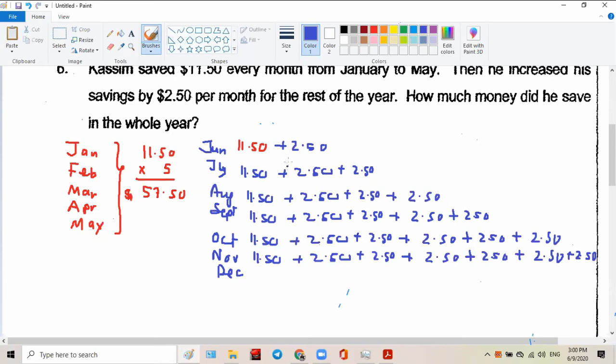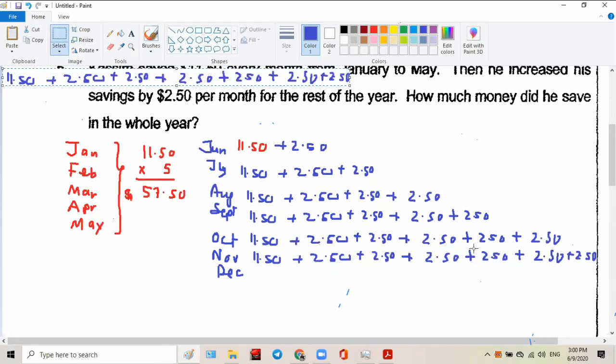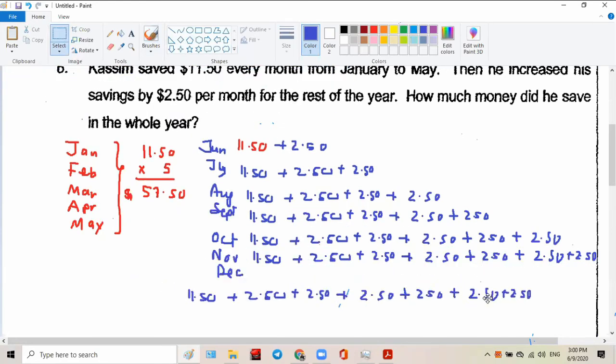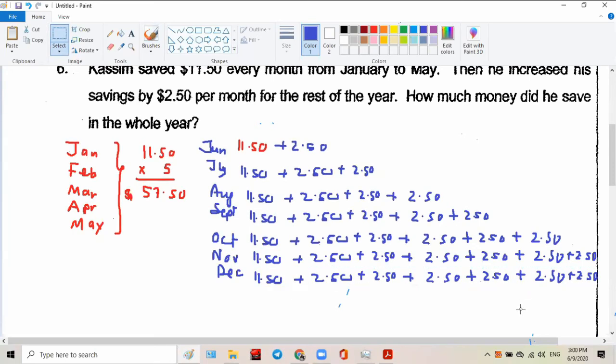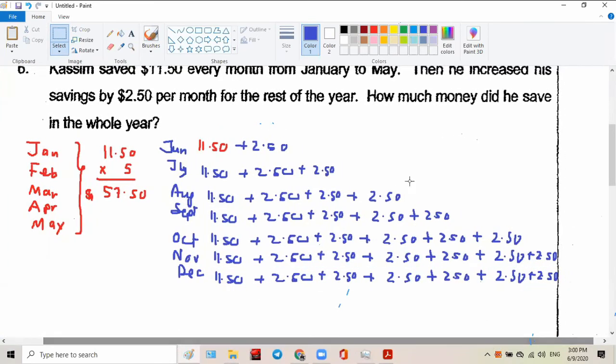And finally, December. It's cool in December. You're really not going to write all these numbers down because you just add on to the last number that you have.